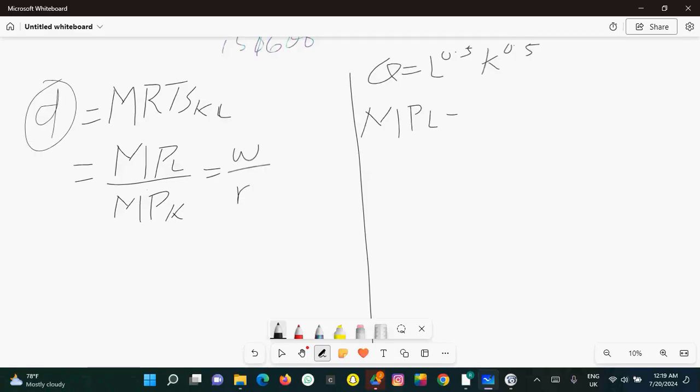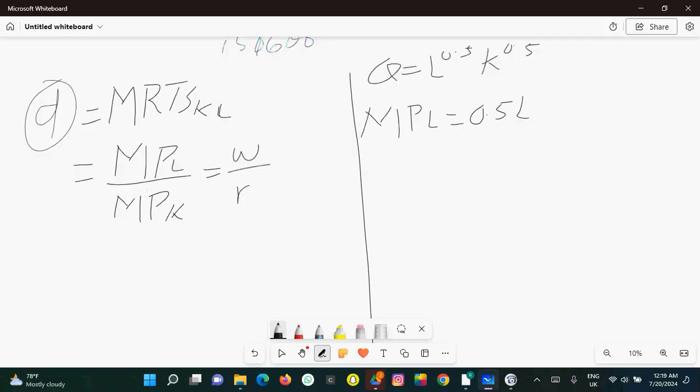In this, our marginal product of labor will be equal to, we are differentiating labor in this function. So we are going to get 0.5 L, then the 0.5 at the power will be subtracted from 1.